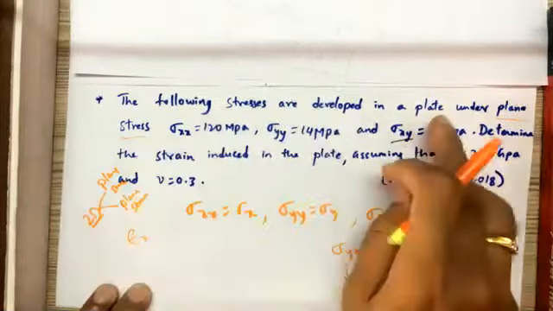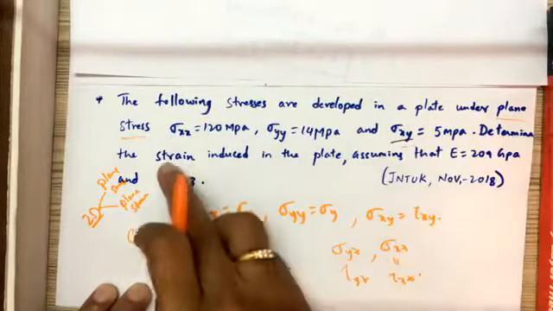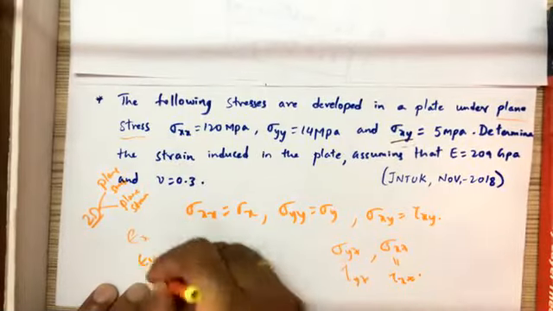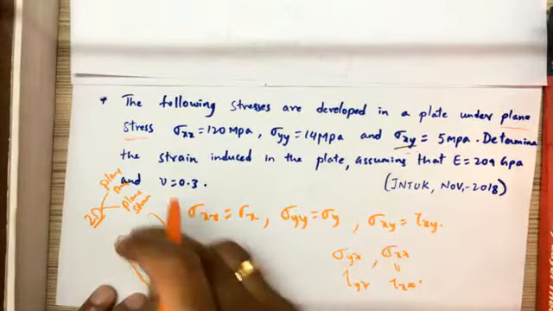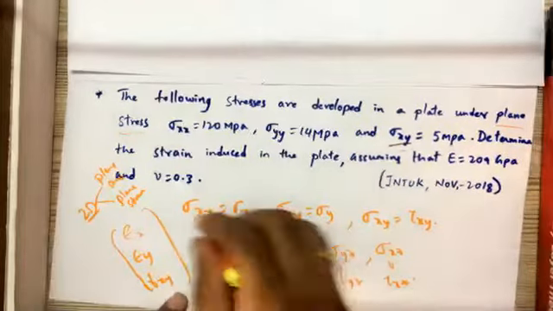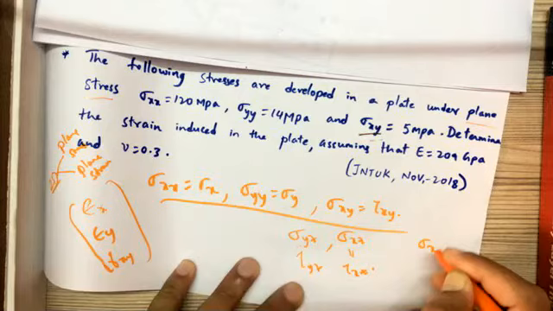In this problem, it is clearly mentioned it is under plane stress. So we are asked to find the strain epsilon x, epsilon y, gamma xy. For 2D, the strain is epsilon x, epsilon y, gamma xy. Obviously, stress is sigma x or sigma xx, sigma y or sigma yy, sigma xy, or we can also write it as tau xy. So this is stress and this is strain.